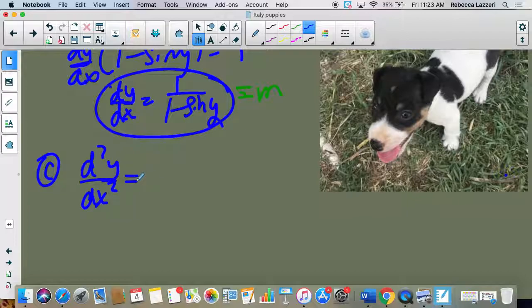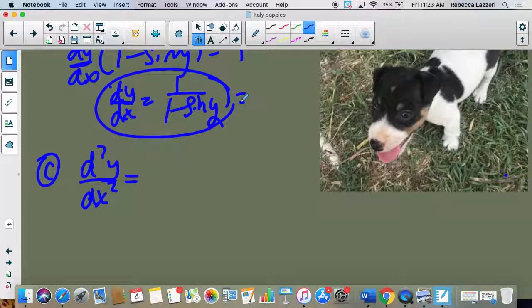Okay. I have two choices here. I know that Celine knows this well, but I don't know who else does. We've just talked about it a few times, or she figured it out herself. Please do not try to avoid the quotient rule, okay?